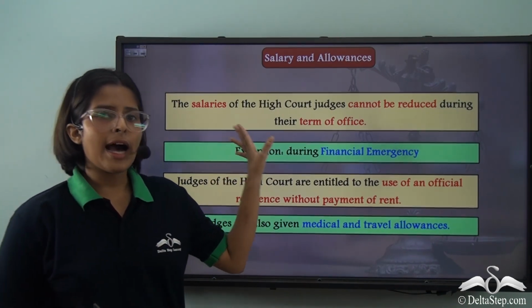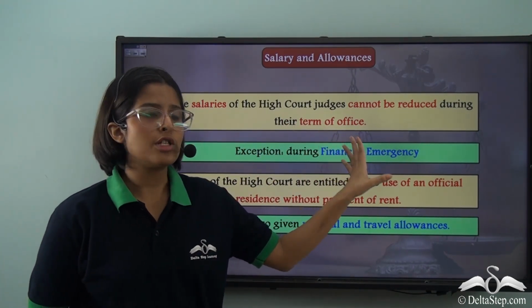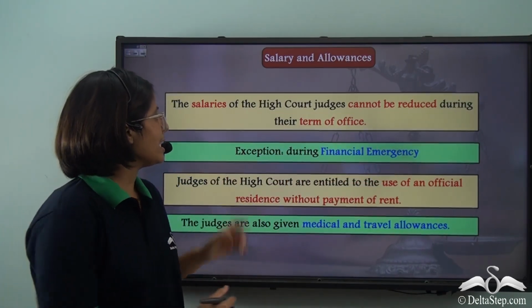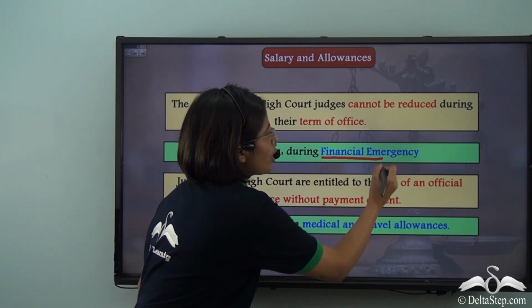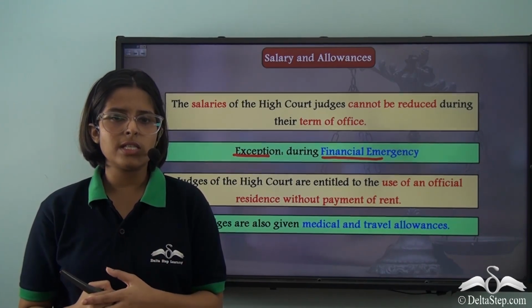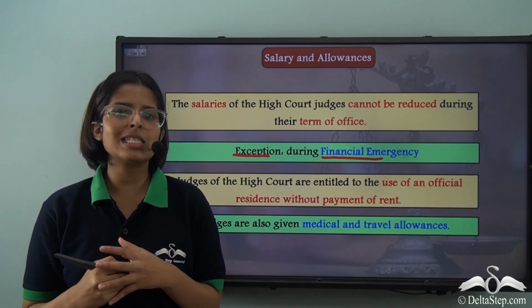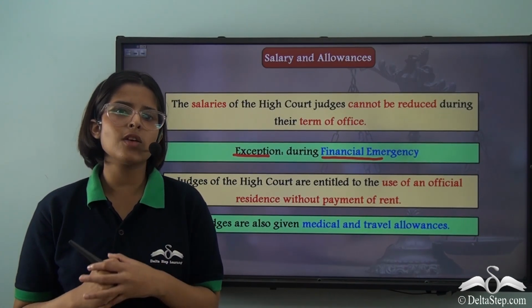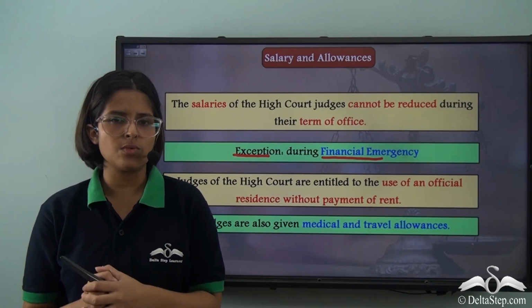The salaries of the High Court judges cannot be reduced during their term of office. Along with this, the only exception is during financial emergency. So, in financial emergency situation, when the financial stability of the country is at threat, it is only then that the salaries of the judges of the High Court can be reduced.